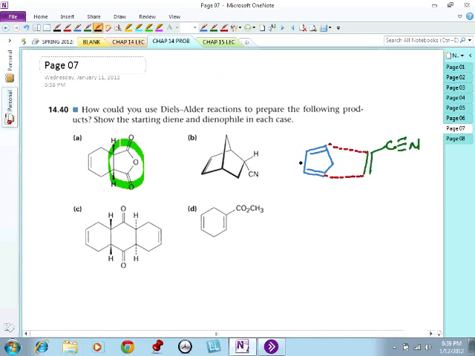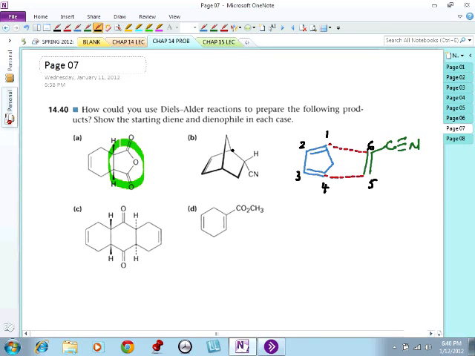Let's use the black pen. Where do we want to start numbering? Say we start from here. 1, 2, 3, 4, 5, and 6. Okay, let us number on this side also.